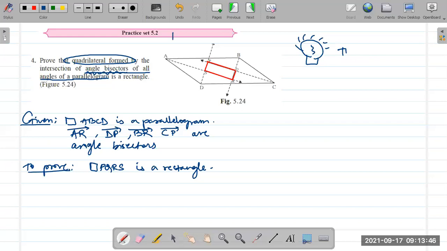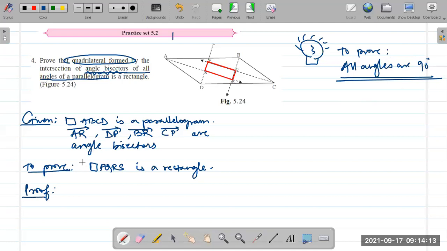If all the angles are 90 degrees, then it can be a square or a rectangle, but note that a square is also a rectangle. So you just have to prove that all angles are 90 degrees. That's all. So let's start with the proof.